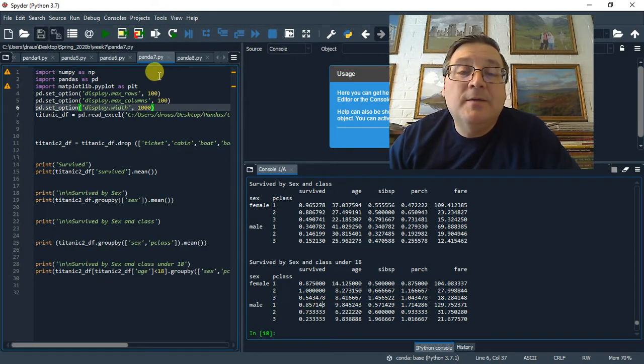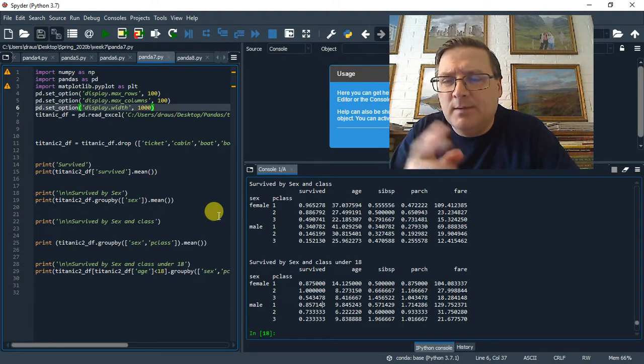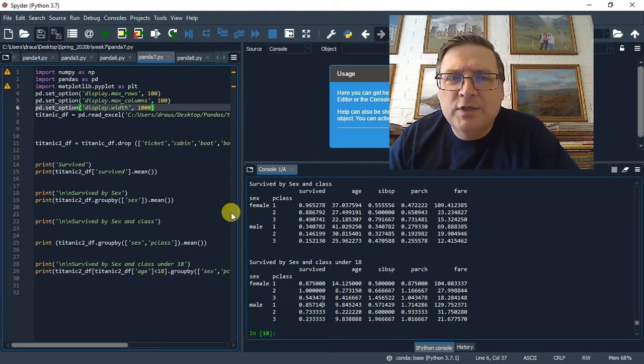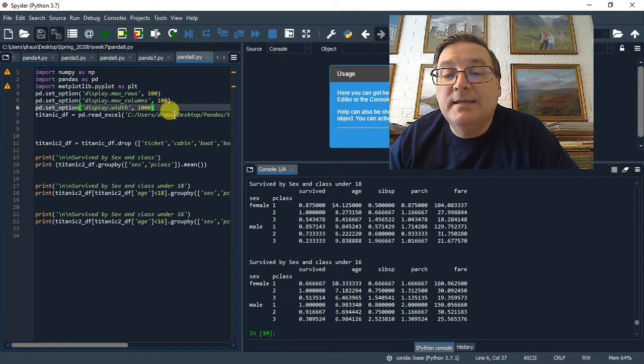Now the thing is, was 18, when the Titanic was sailing, a good cutoff for children? Let's move that to 16 and see what we get. If we look at 16, so we have under 18 and under 16, those numbers pop up even more. So you have a 91% chance of being a man in second class and surviving.